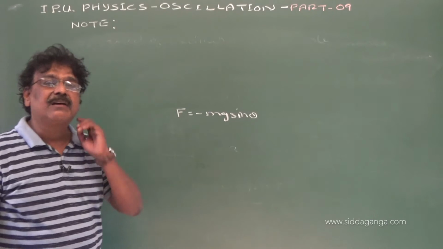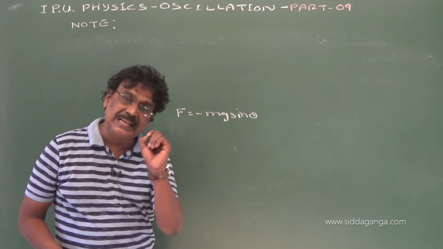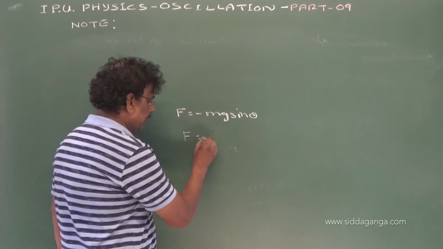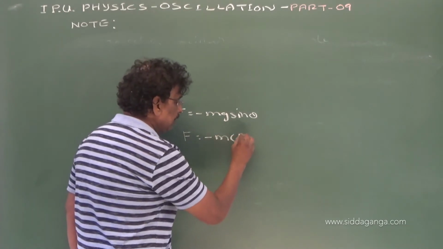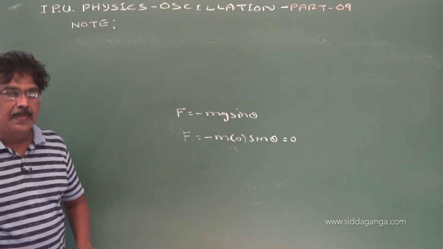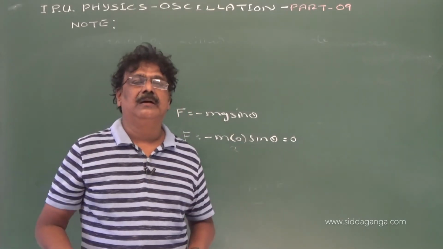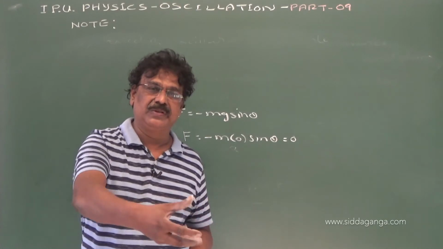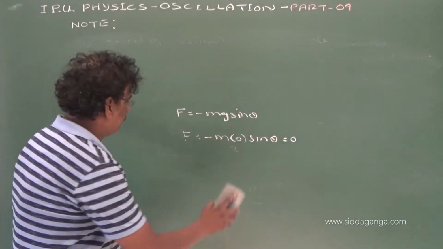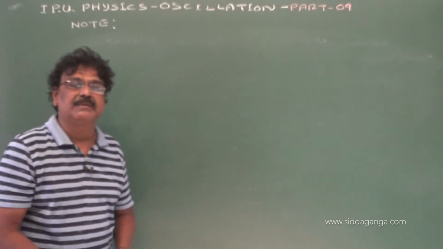A component of the gravitational force provides the necessary restoring force there. So under free fall, F is equal to minus m into 0 sin theta, that is equal to 0. That means there is no restoring force. If you displace the simple pendulum from its mean position to somewhere, it remains there. It will not come back.